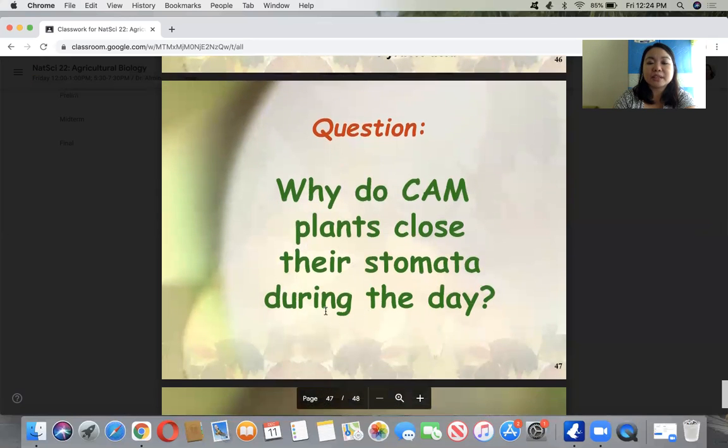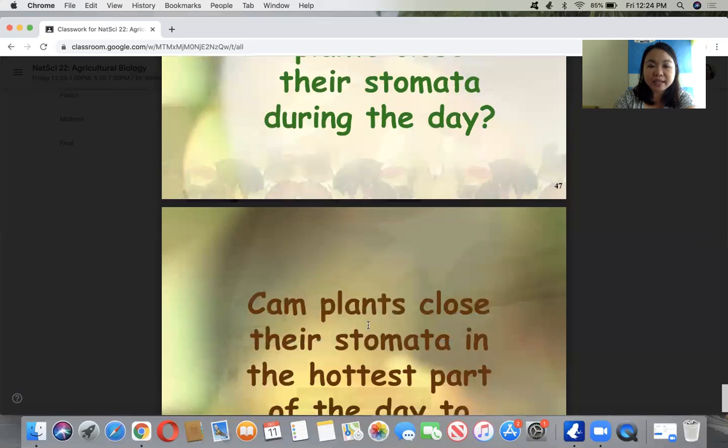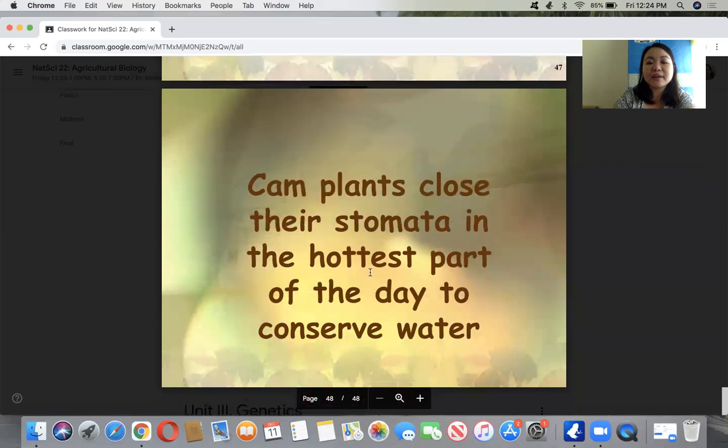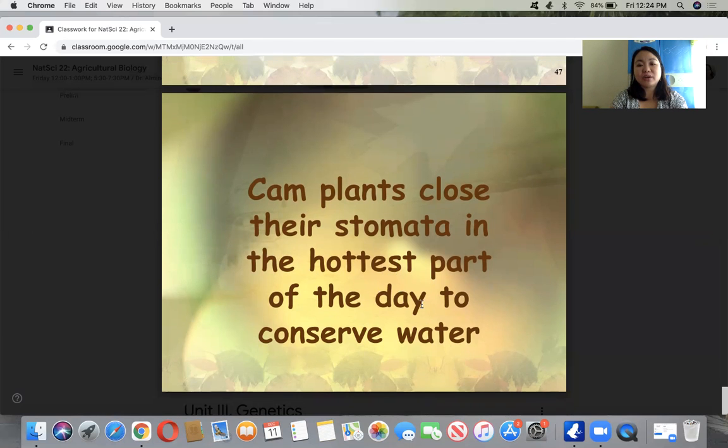So why do CAM plants close their stomata during the day? CAM plants close their stomata in the hottest part of the day in order to conserve water. As you can see, the cactus in the desert or in a very hot, dry environment, it's so dry, so they must conserve water, so they close stomata during the day and open only at night.